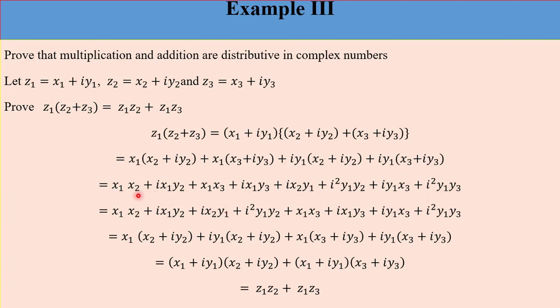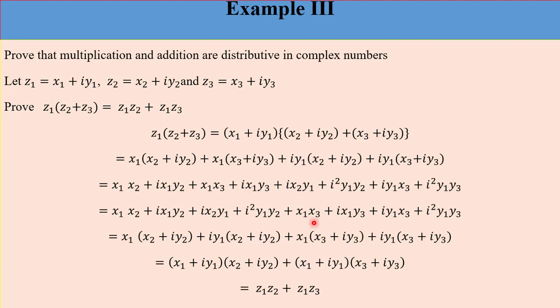So now we can factor out the x1 from this. So we shall have x1 into x2 plus iy2, which is here. Then for the next term we can factor out iy1, so we shall have iy1 into x2 plus iy2, which will remain here.